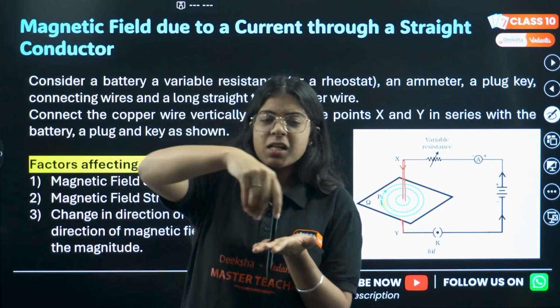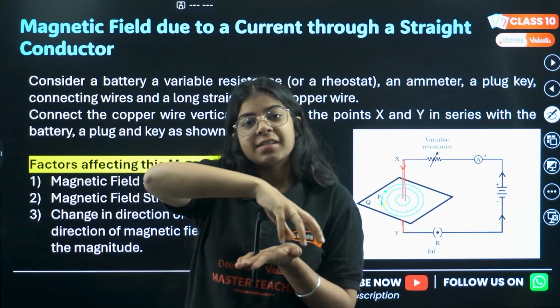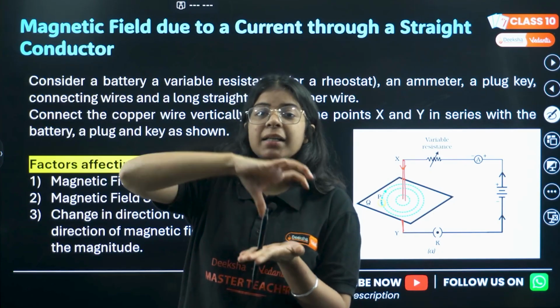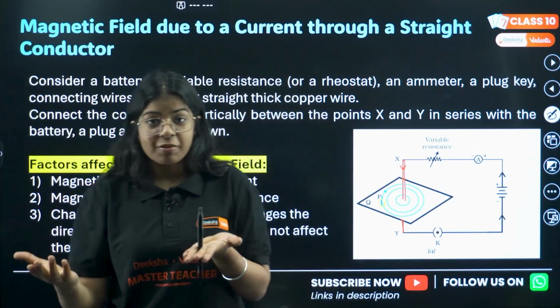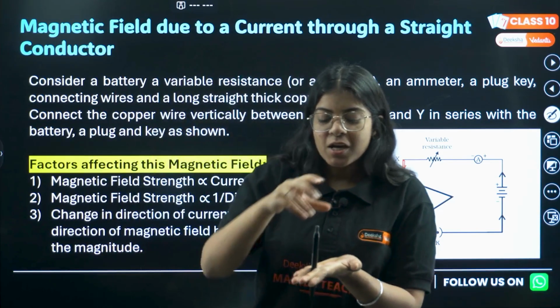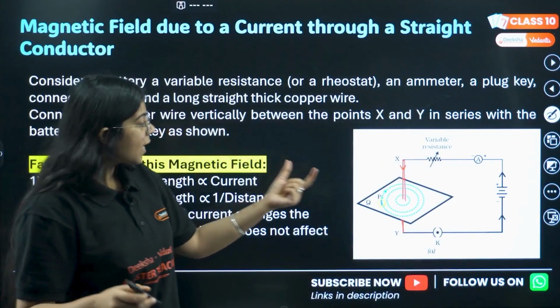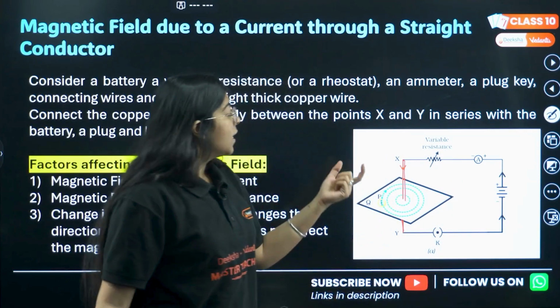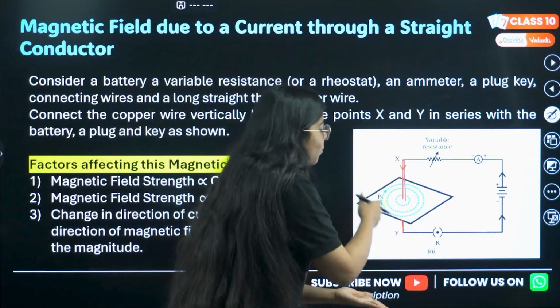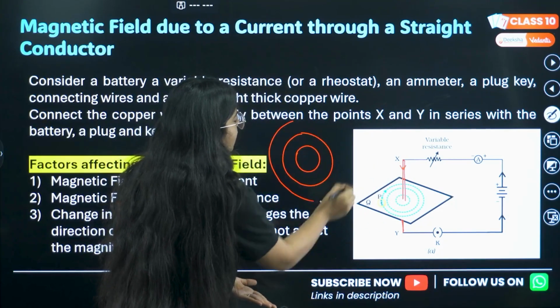So if I sprinkle some iron filings, the pattern in which the iron filings get produced is the pattern of magnetic field lines due to my straight wire. So I'll sprinkle the iron filings, and what we saw is that the iron filings took the shape of concentric circles, like this.